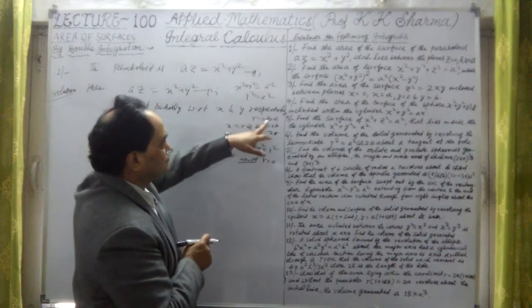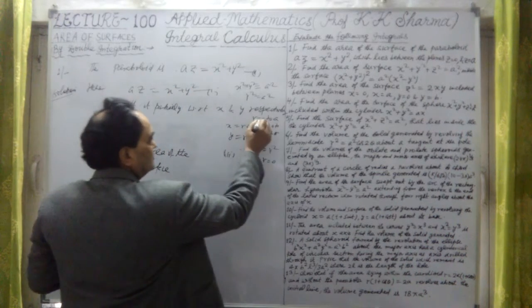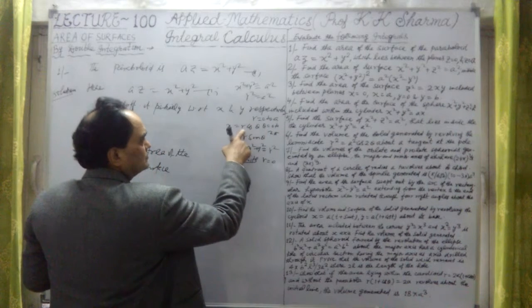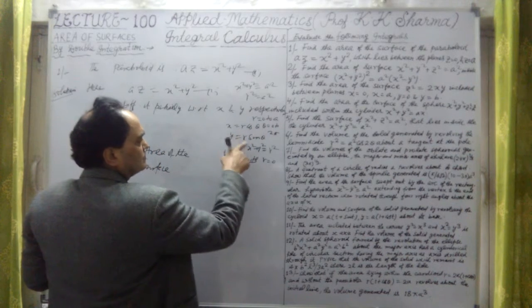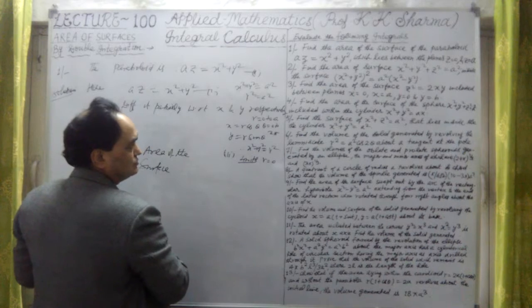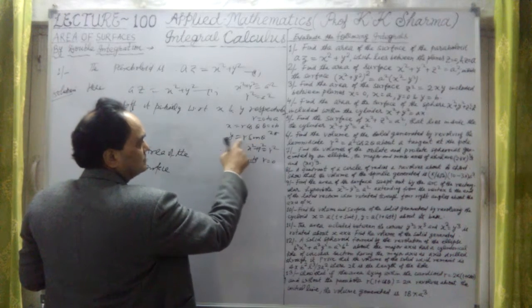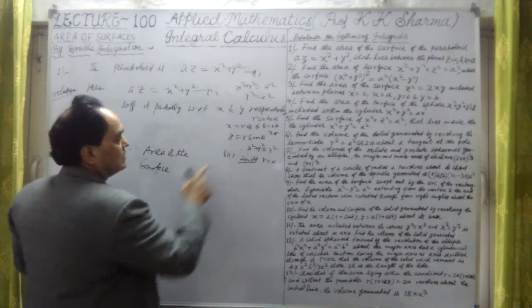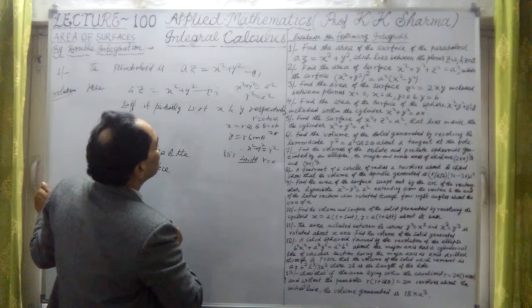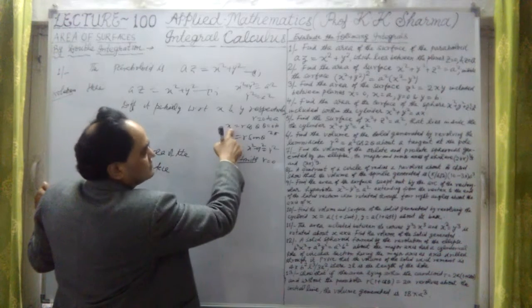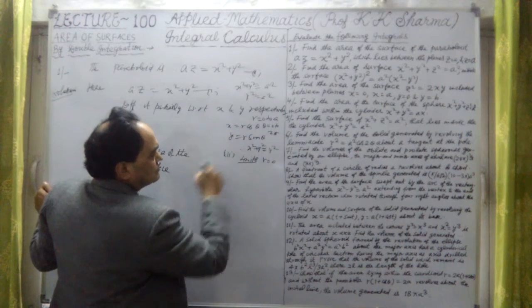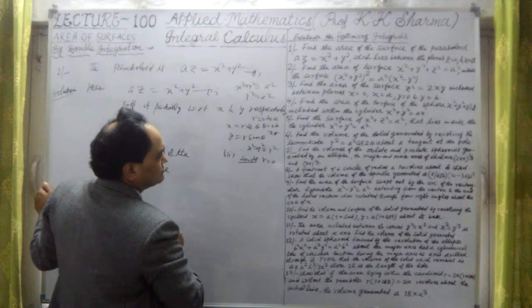So the limits are r equal to 0 to a, and when r equal to 0, theta is 0 in that situation. Or if x equal to 0, then theta equals 2 pi.